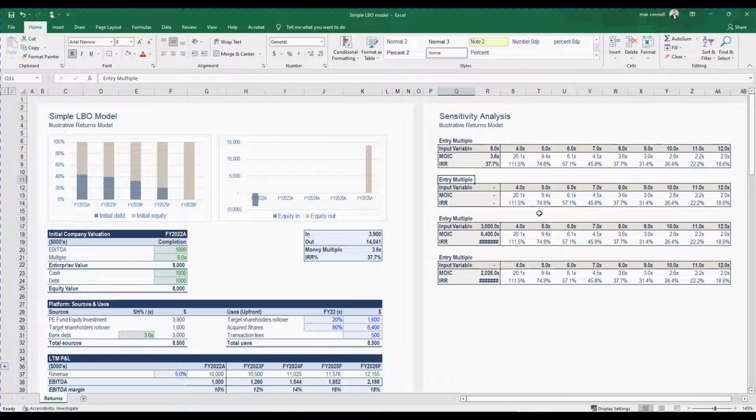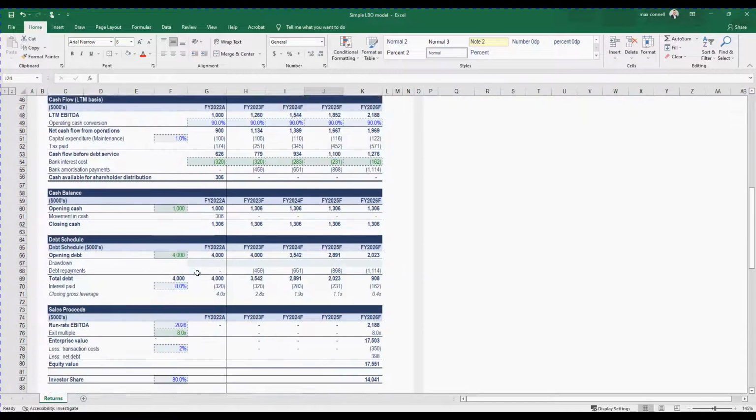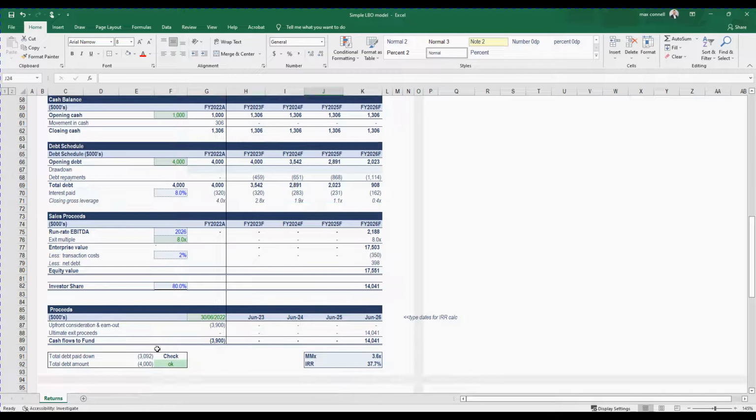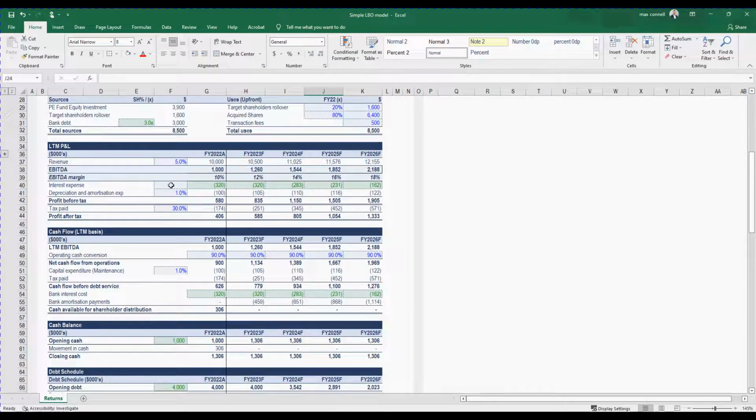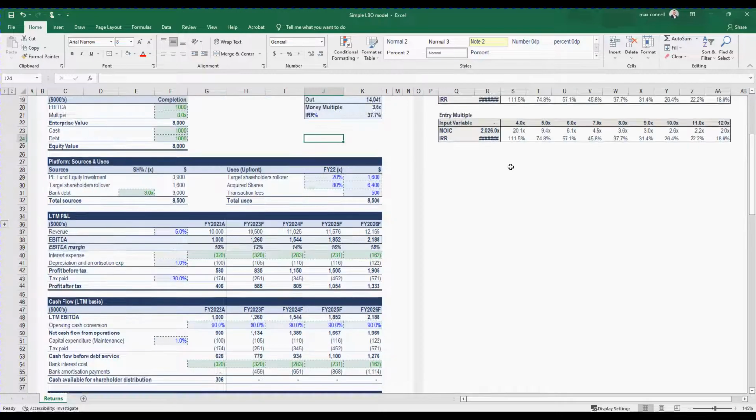So for example, if we wanted to test exit multiple, debt, and maybe one other, what should we do? Maybe revenue growth, potentially, or margin. Let's do revenue growth.